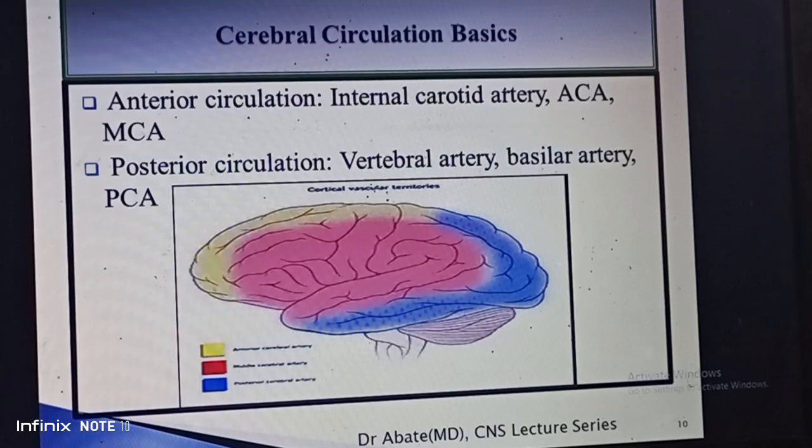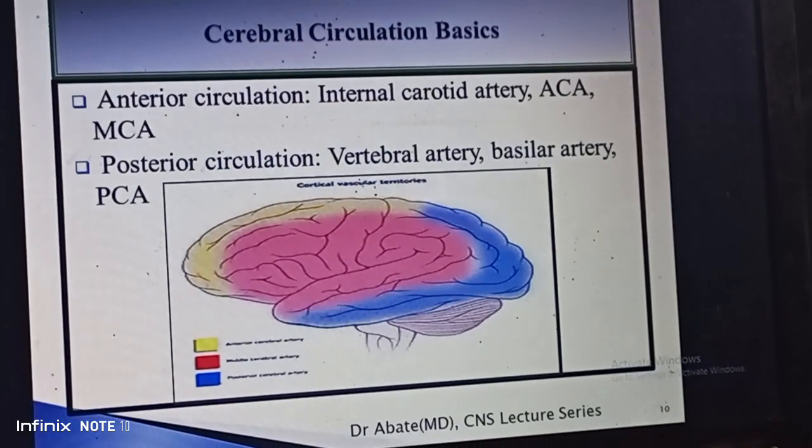The anterior circulation involves the internal carotid artery, which bifurcates into the anterior cerebral artery and the middle cerebral artery. Both of them are branches of the internal carotid artery. The second circulation in the brain is the posterior circulation, which includes the vertebral arteries, the basilar artery, and the posterior cerebral artery.